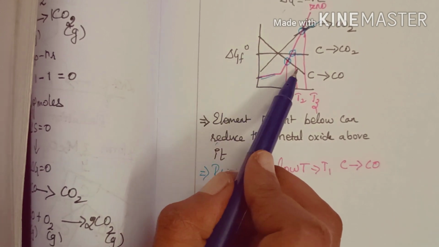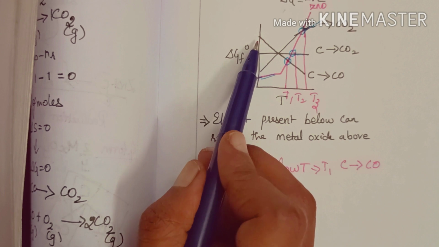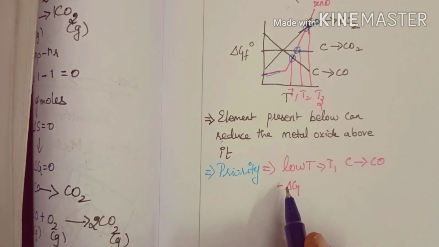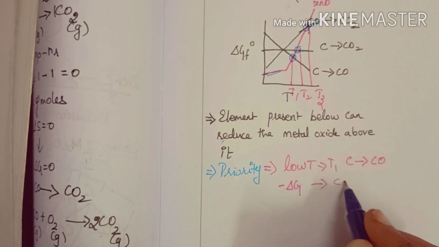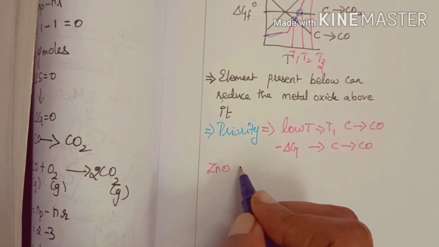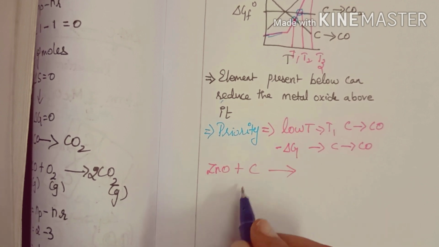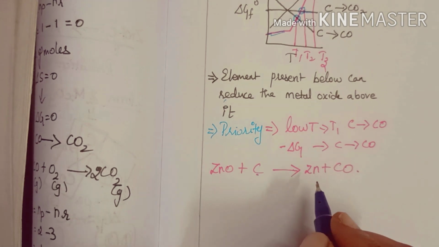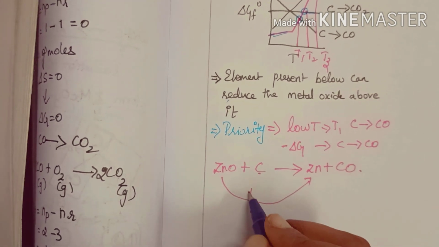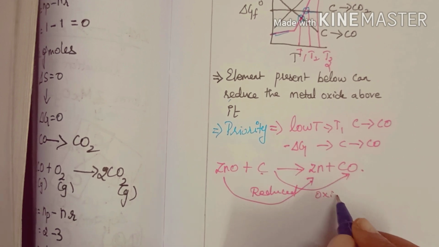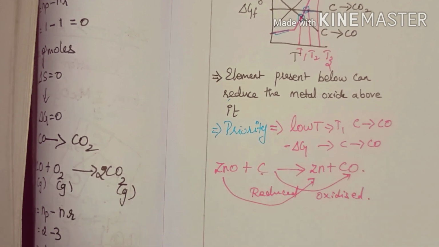So this line goes on decreasing. It means that delta G decreases as temperature increases. So negative delta G is also for C to CO. Hence ZnO can be reduced by using coke as a reducing agent, and your product will be Zn and CO. So here this metal gets reduced and carbon gets oxidized. Are you clear?